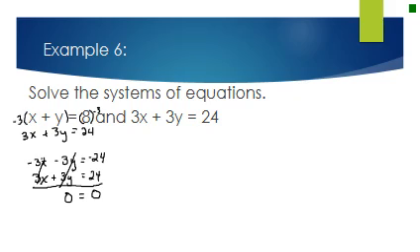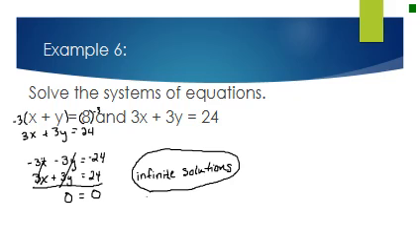Does 0 equal 0? Yes, it does. So that means our answer is infinite solutions. So if we were to graph this, what it would look like is you would have one line on top of the other. They're actually the same exact line.